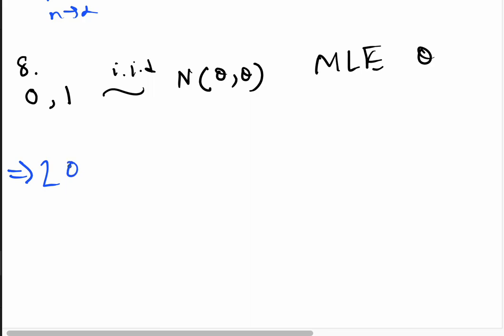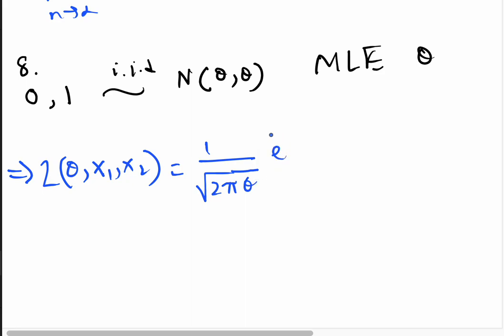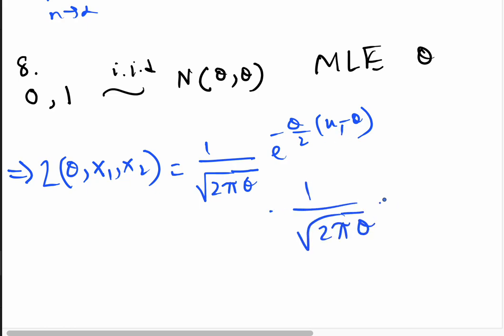So first of all, let's write the likelihood function. That will be 1 by root over 2 pi theta e to the power minus 1 by 2 theta, x1 minus theta its square, into 1 by root over 2 pi theta e to the power minus 1 by 2 theta, x2 minus theta square.